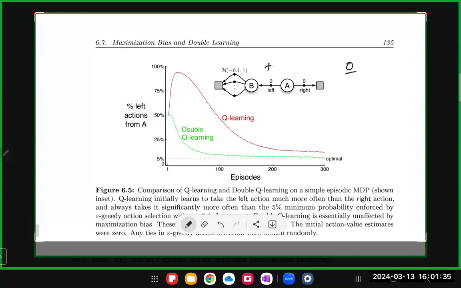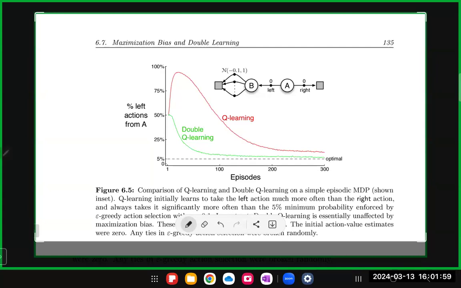It is 0 plus minus 0.1. Totally, the total expected return will be minus 0.1. So intuitively, it's very clear that the best policy is going right at the state A.